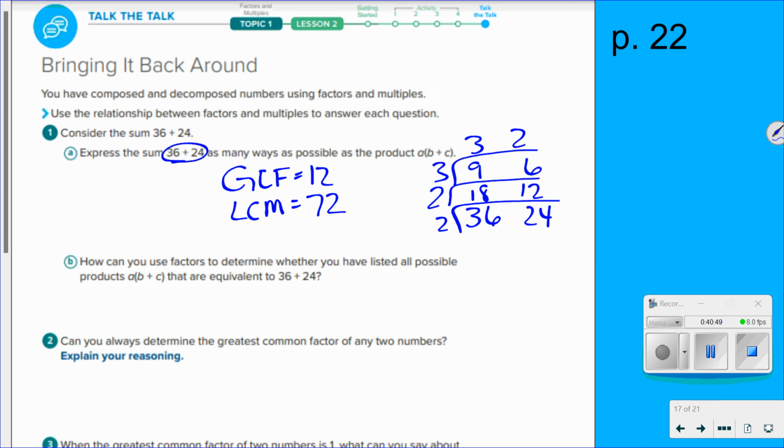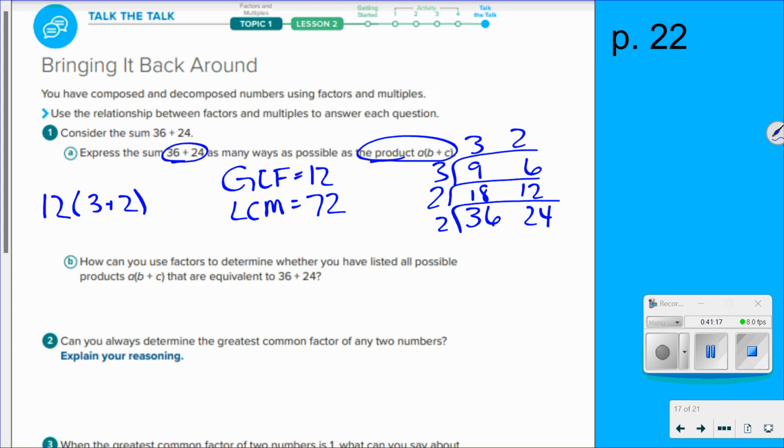Now, the one other thing I want to do is express it as a product of A times the quantity B plus C. Well, guess what? If you're doing the cake, they've already done the work for you. We know our GCF is 12 times the quantity of 3 plus 2. They gave it to us on top.